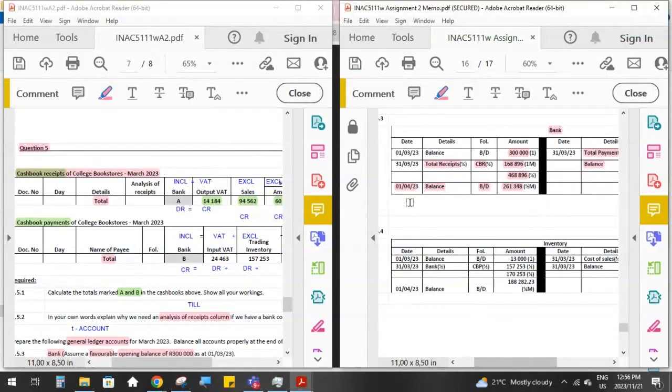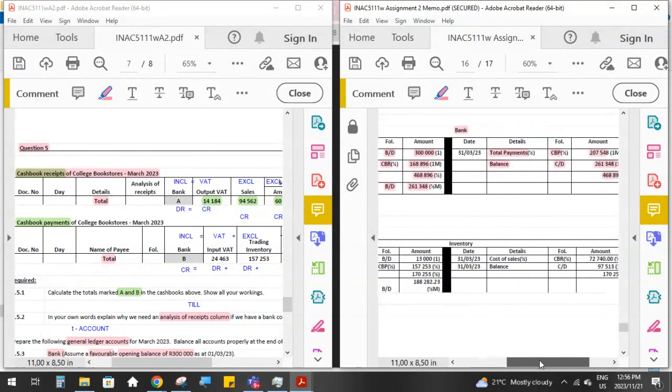Just as at the top over here on the 1st of March, we wrote down 1st of March balance brought down and the amount that they gave us as the opening balance, we've now calculated for the 1st of April balance brought down what that balance amount is going to be.